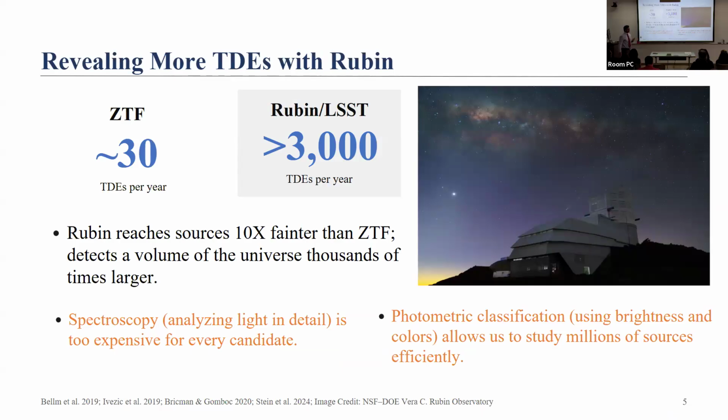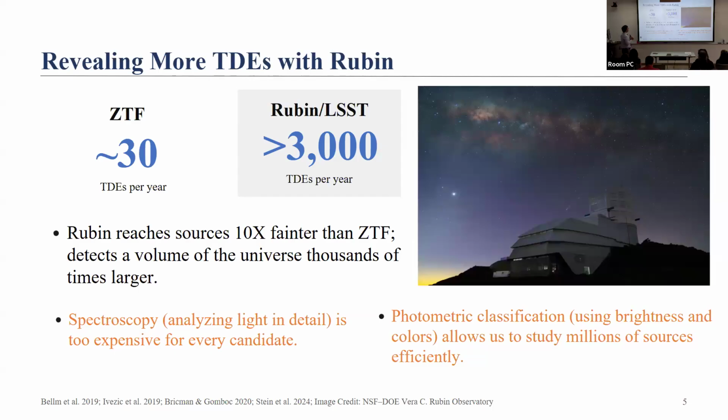So the problem is we can't look at every source and identify it manually because of the overwhelming number of TDEs that we can detect from Rubin. Let's talk a little bit about Rubin. Let's talk first about ZTF, which is an old generation sky survey.